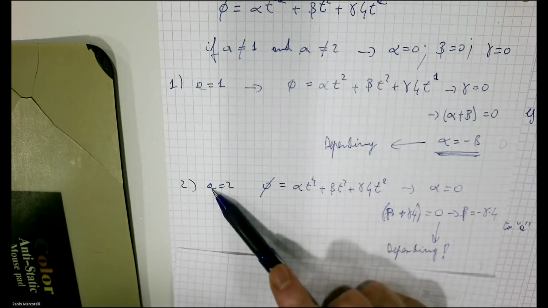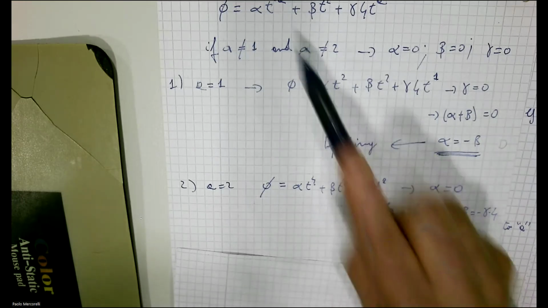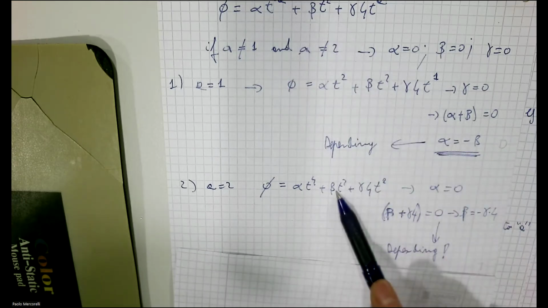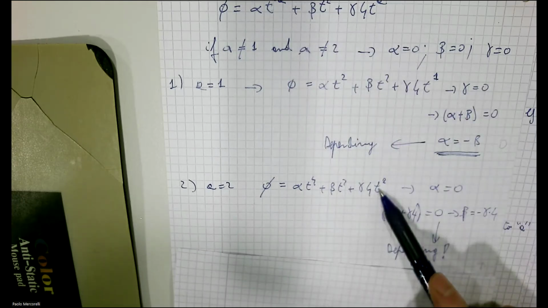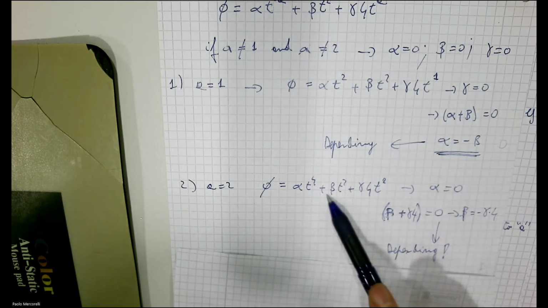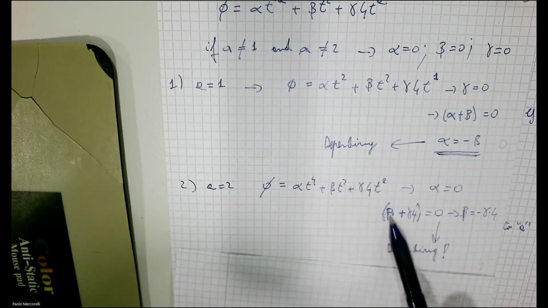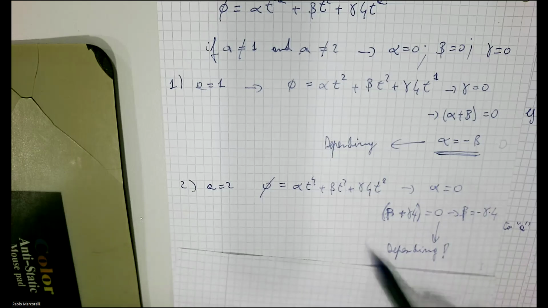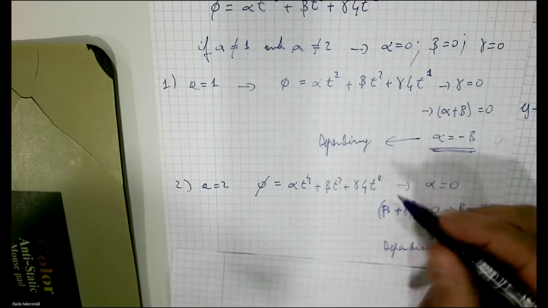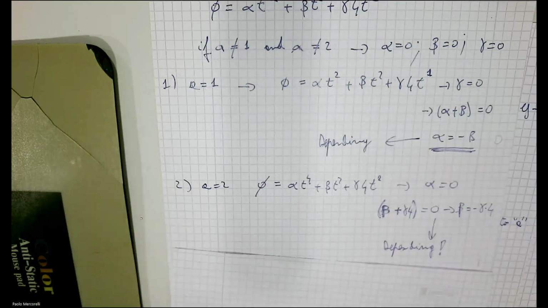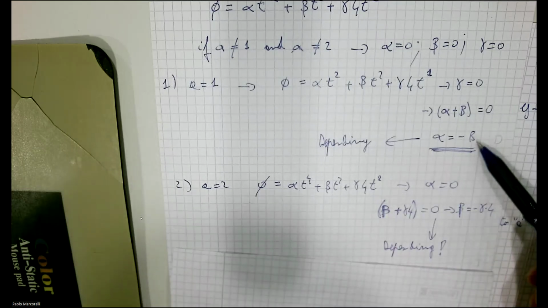The case A equals 2, this means alpha up to 4. Beta here does not change. And this is 4 gamma up to 2. Now it's correct. Then we have this must be 0 because I cannot combine. This means beta plus 4 times gamma equals 0. At the end this does not change the result, but there were a couple of errors. Why was beta changed to alpha?